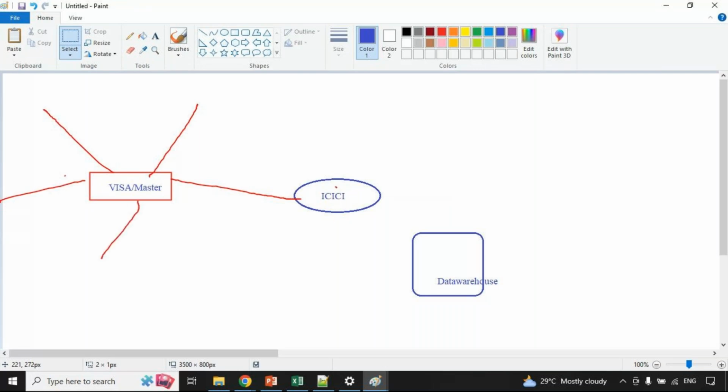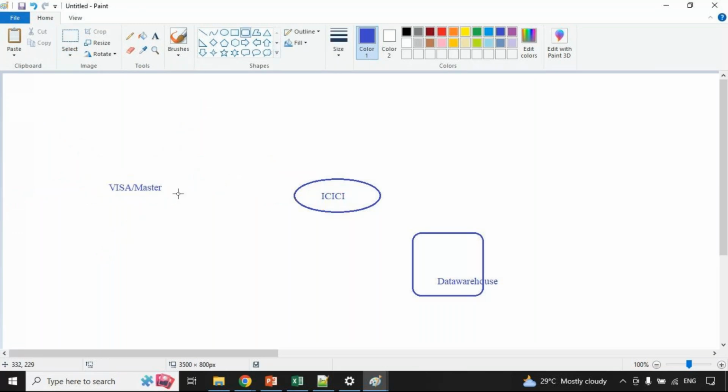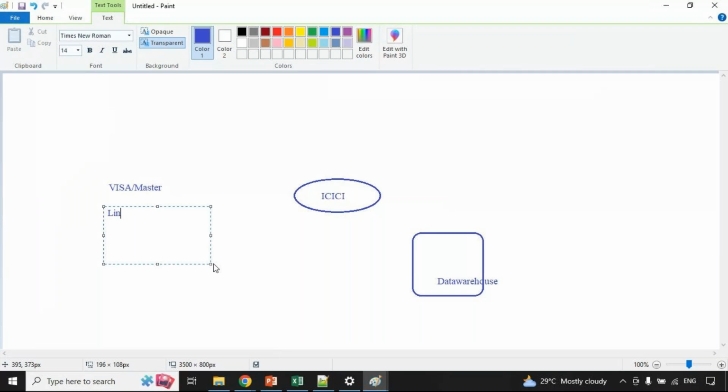For ICICI, the source system is Visa and Master. Consider they are going to maintain the data in the Linux file system. Traditionally, not now, ICICI also has a Linux file system.